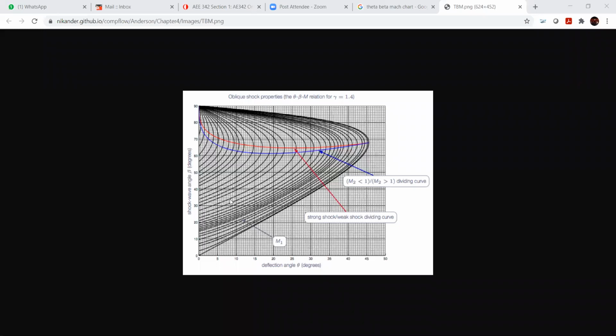Now, each solid black curve here, for example, I'm trying to follow one of them, is for a constant M1 value. So if your flight Mach number is 1.8, you have a curve along which Mach number 1 will be constant and equal to 1.8.